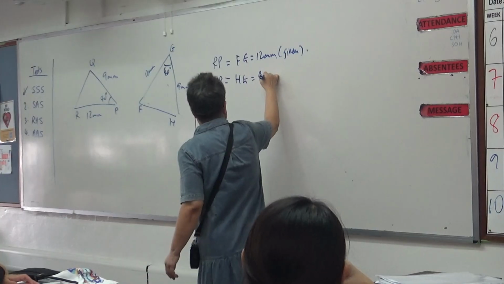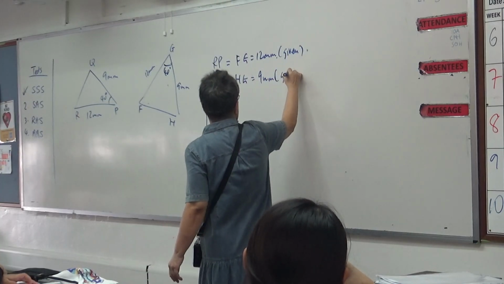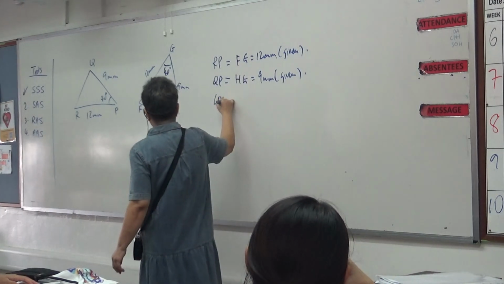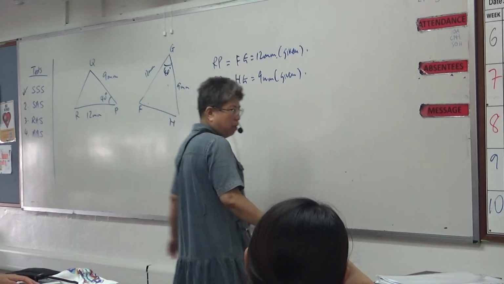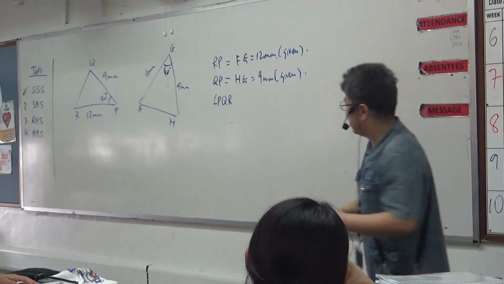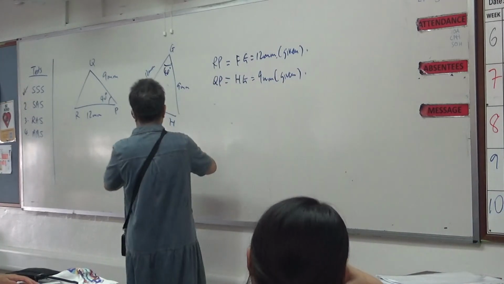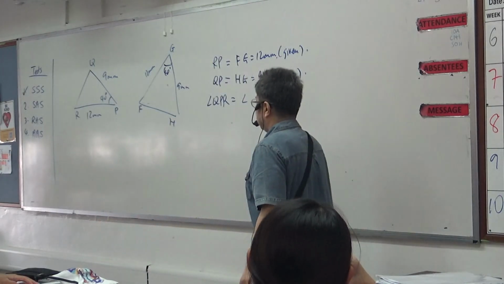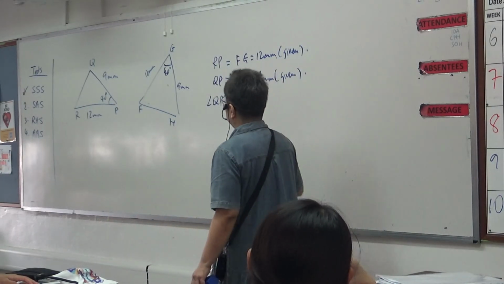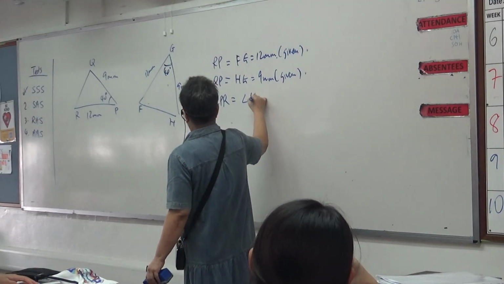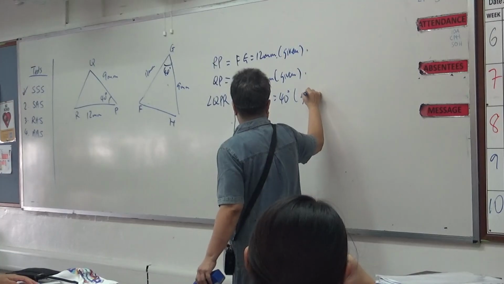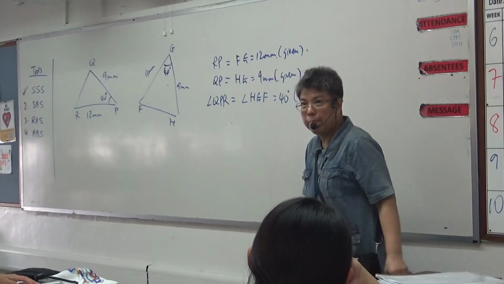Equals to 9 mm. This is also given, right? Then angle PQ, sorry, wrong. Angle what? Yes, my mistake. Angle QPR equals to angle. If I have QPR, will be what? HGF, right? This is equals to 40 degrees. This is given, right? Can see it now.